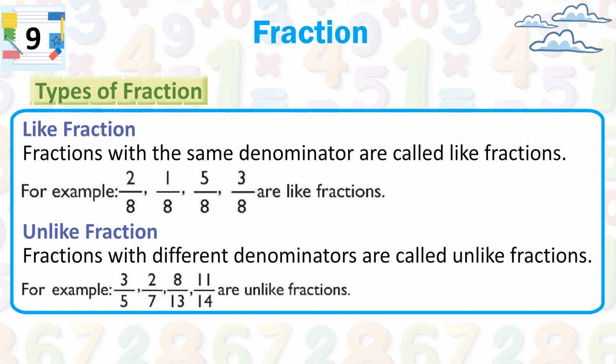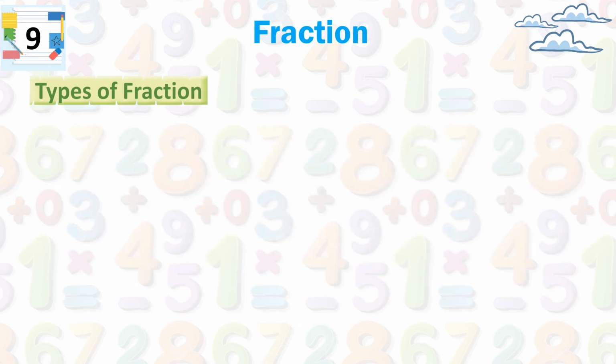For example, 2/8, 1/8, 5/8, 3/8 are like fractions. Unlike fractions, fractions with different denominators are called unlike fractions. For example, 3/5, 2/7, 8/13, 11/14 are unlike fractions.